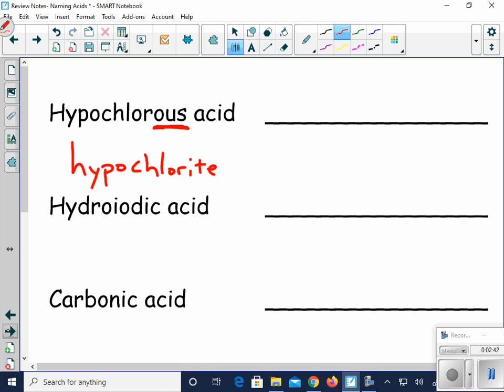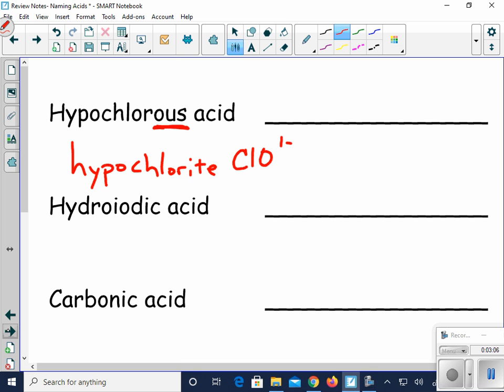So I get out my PAL, because I know that an ITE ending is going to be on my PAL, my polyatomic anion, or my polyatomic ion list, and I try to find hypochlorite. Oh, I found it. Hypochlorite is ClO 1-.